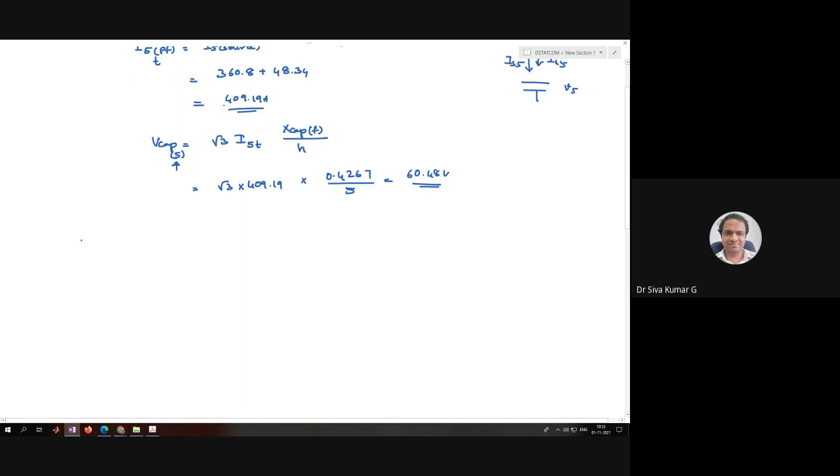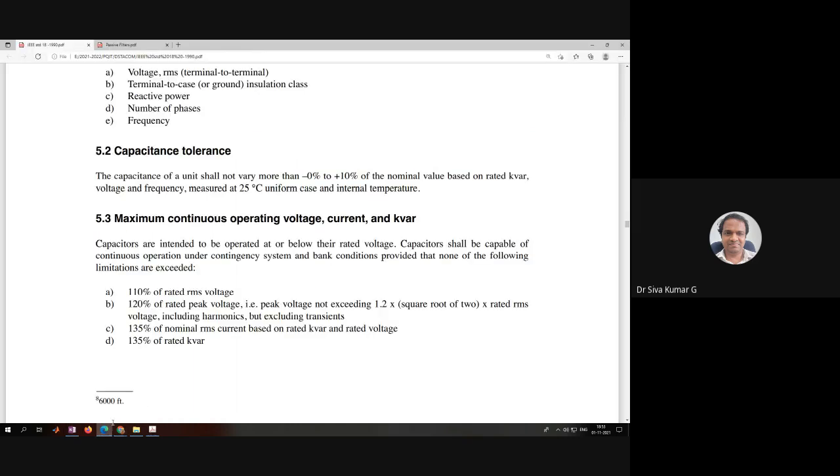One thing is, we have to come to the stage where we need to verify the capacitor duties. The peak voltage should not be greater than the limit, up to 120% of the rated peak voltage.